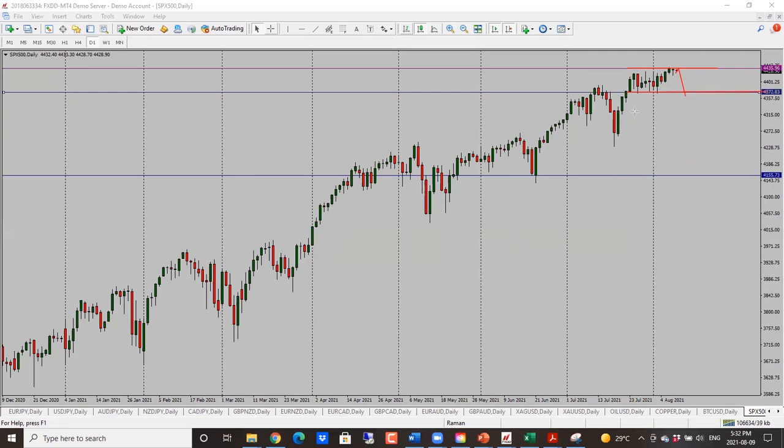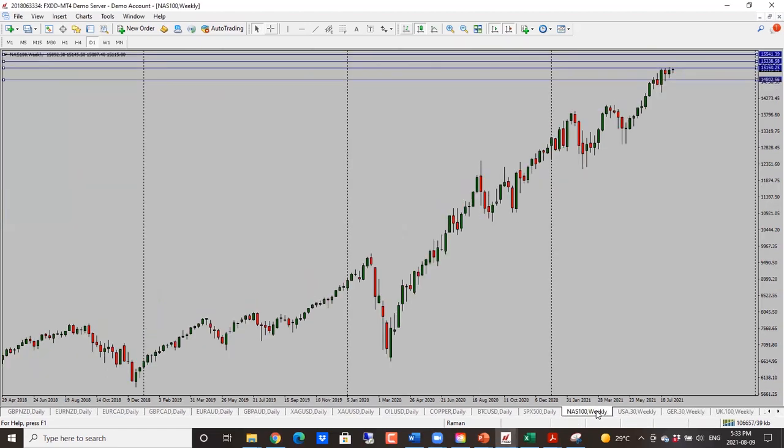It's positive for the US dollar, and in that case, we could see a drop, so watch out for that. Bias is neutral here, and if it holds below 44.35, then we are looking for a drop towards 43.70. So neutral bias here for S&P 500.